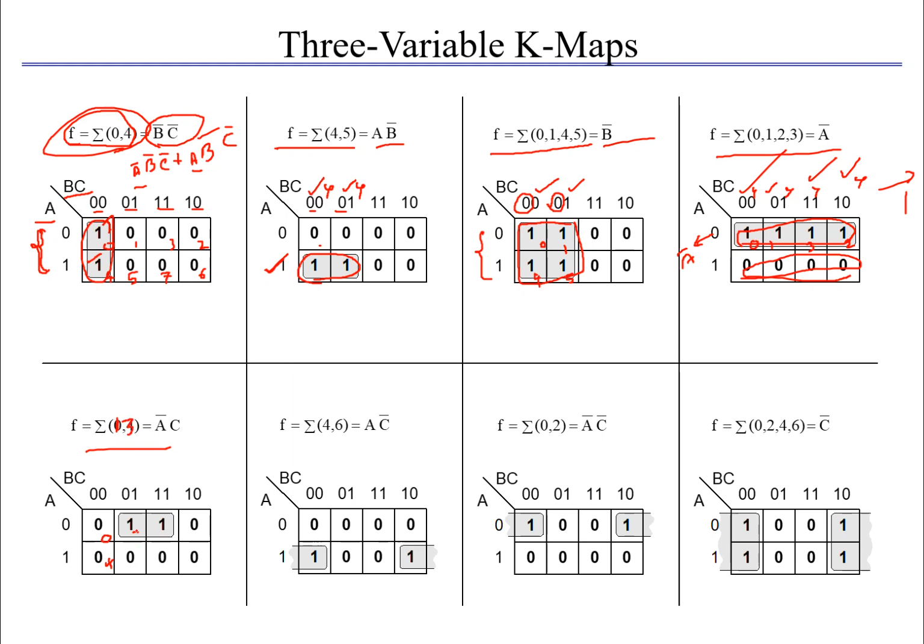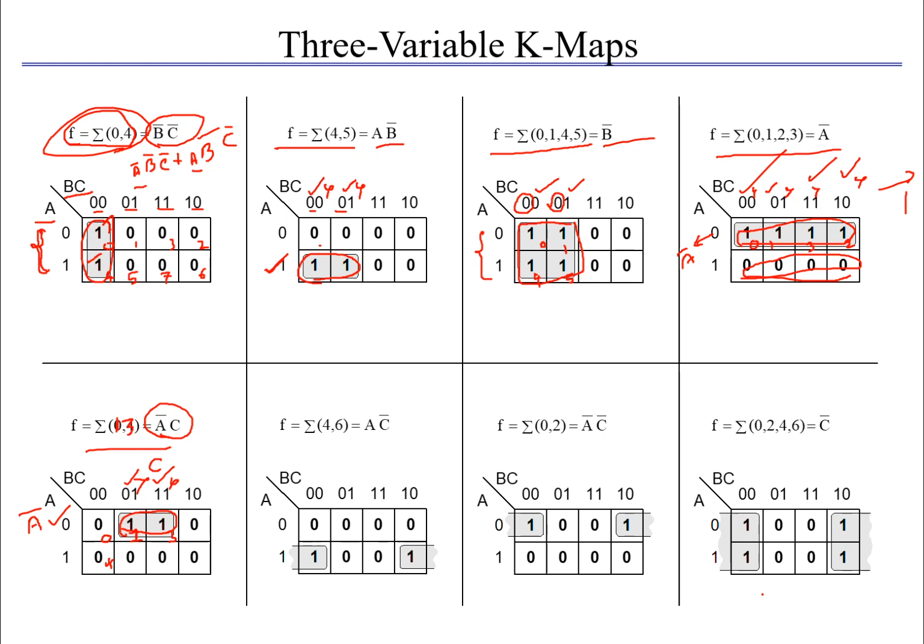As 1 and 3 are given in the Boolean function, I am writing 1 in the corresponding cells and I am combining these two ones for my simplification. And if you see here, your B is varying between 0 and 1, and hence it is equal to 1. Hence, A is 0, and we can represent it as A bar, and C is 1, and it should be represented as C. That is why the simplified Boolean expression is A bar C.